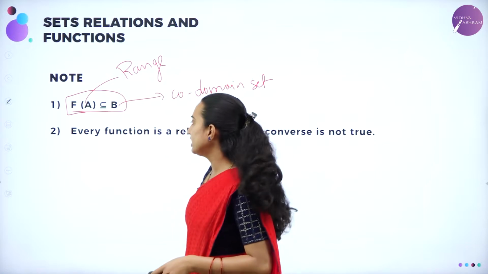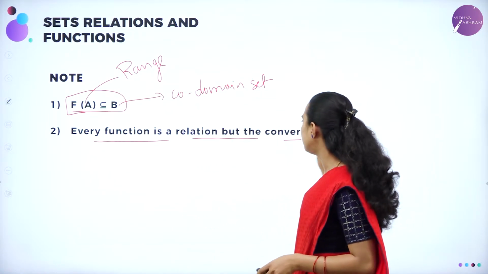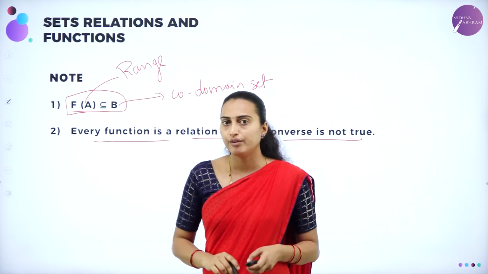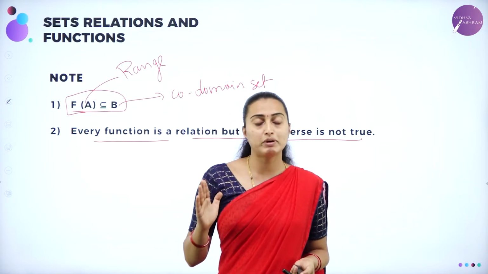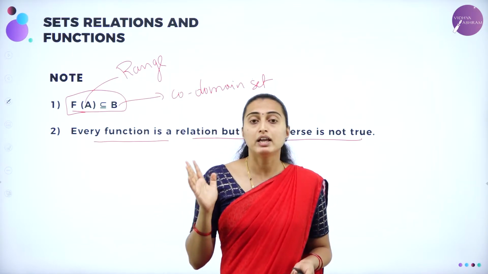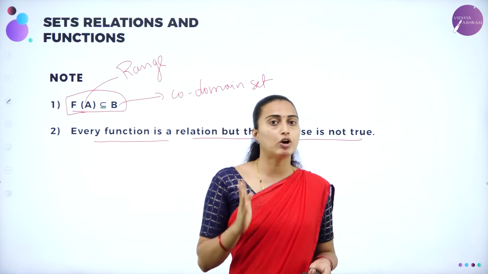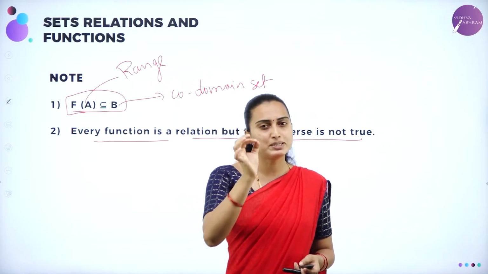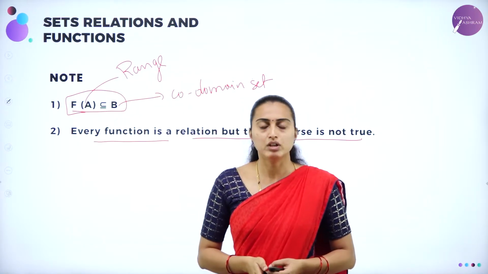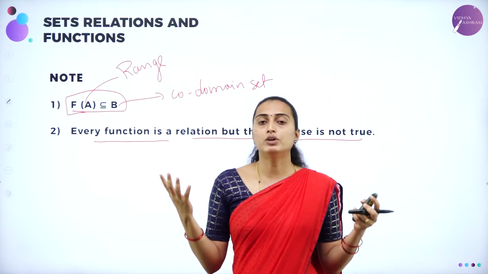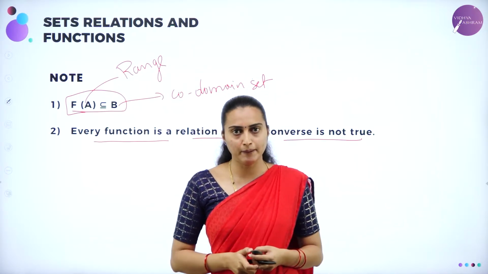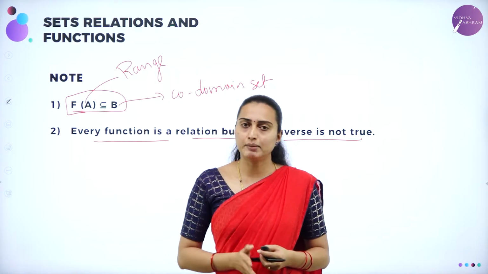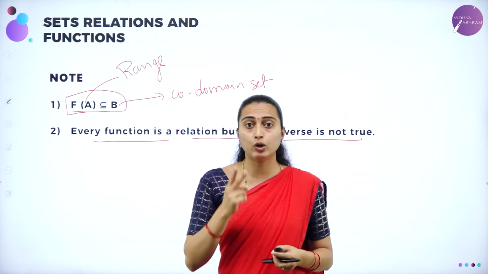Okay. So next, every function is a relation but the converse will not be true. Every function must be a relation, but every relation may or may not be a function. For this, I would like to give you a simple example. If you have 20 members in a family, you may or may not celebrate a function, correct? Because there are 20 people.